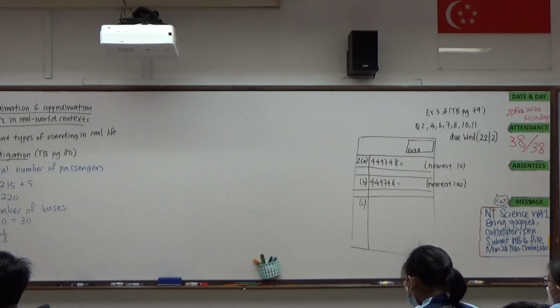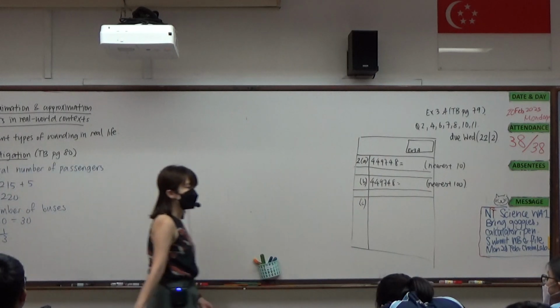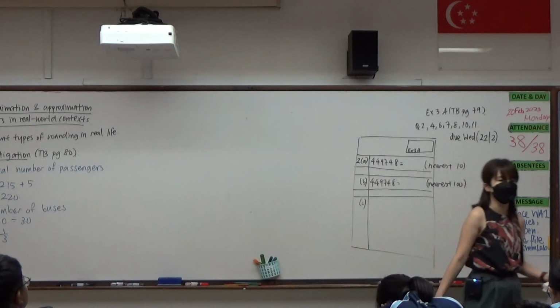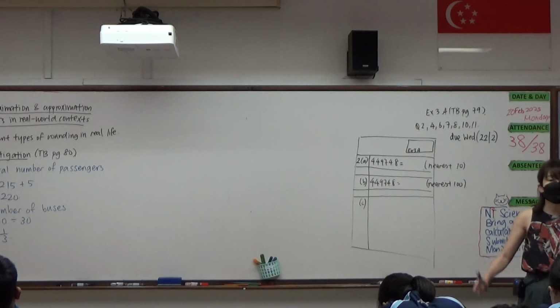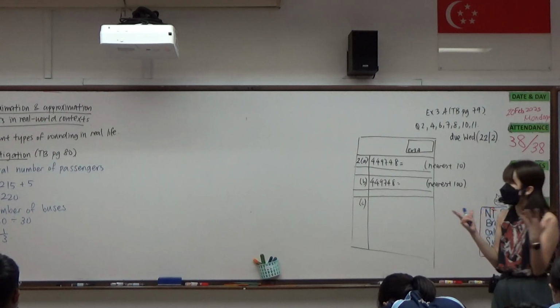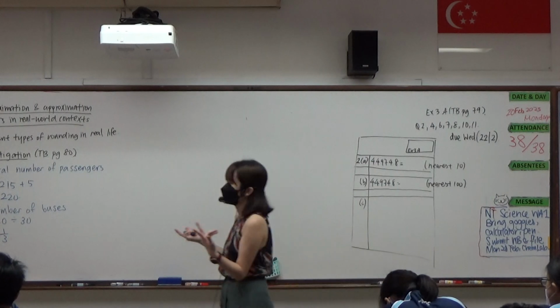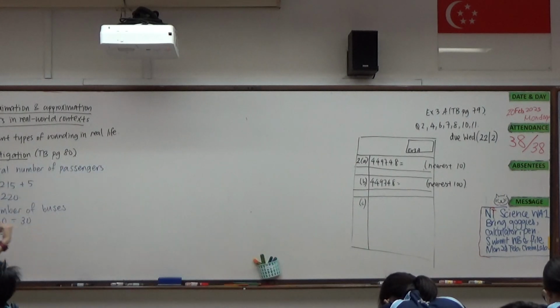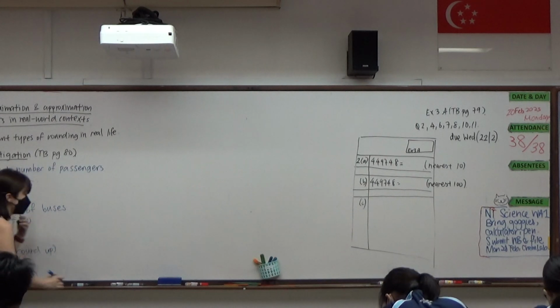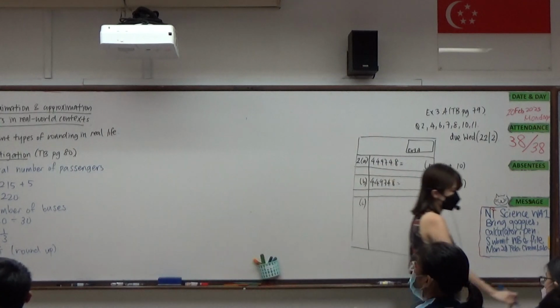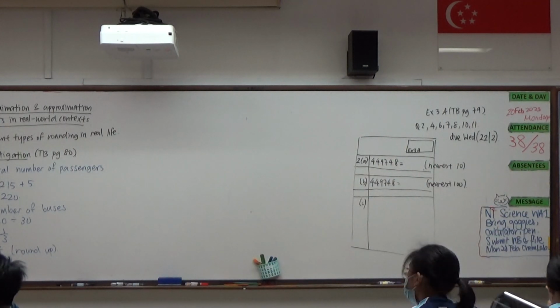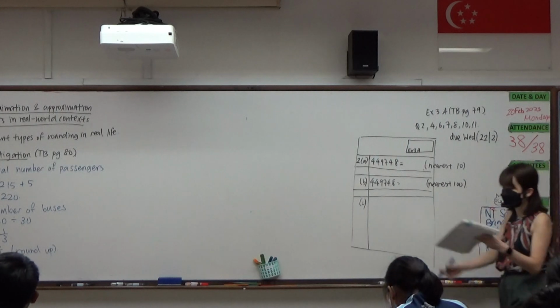But obviously, can we have 1/3 of a bus? No, right? So how many buses will I need to go and hire? 8, right? Will we get 7 buses? Because 7 and 1/3 round down, technically. But in this situation, it's not logical for us to do rounding down. In the context, we should be rounding up. So therefore, we need 8 buses.